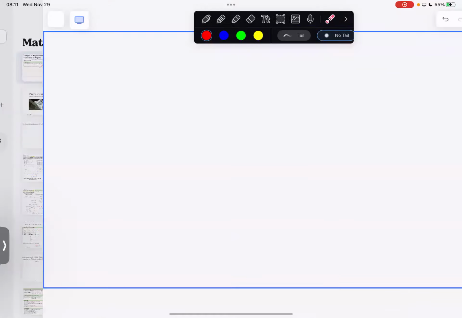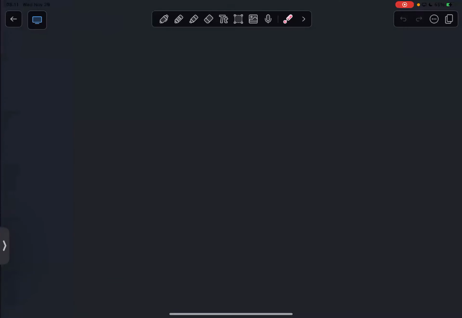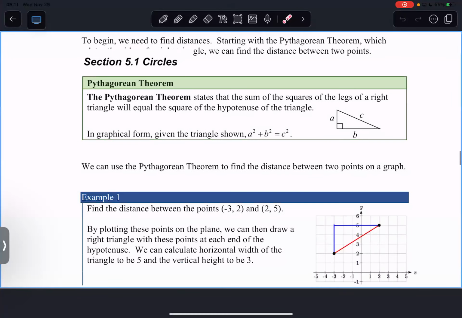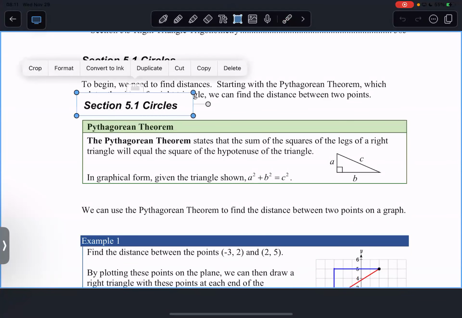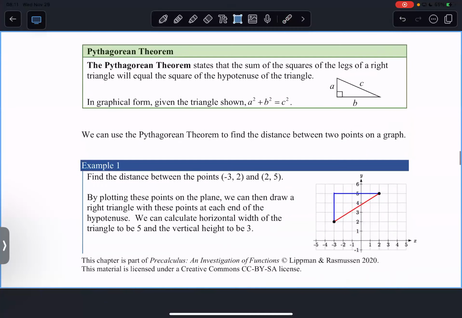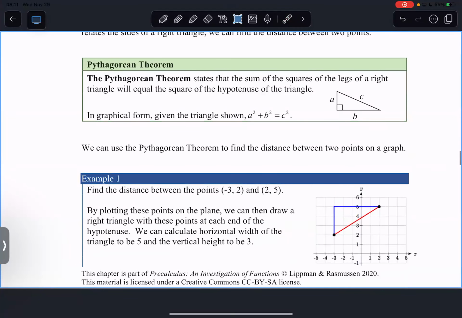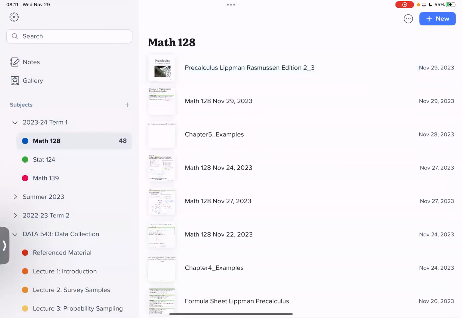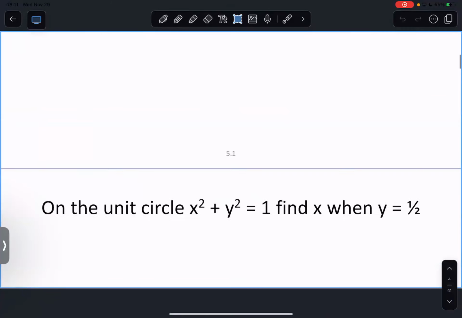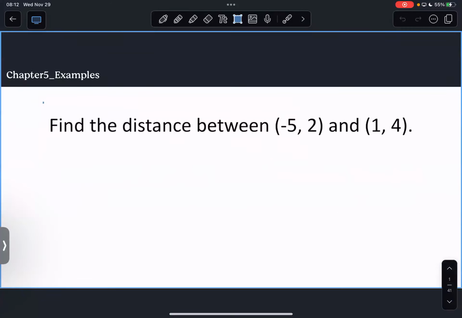Let's do that. So if we want to find a distance, and let me just remove this so it doesn't look weird, we want to find the distance between 2 points. We can do that.